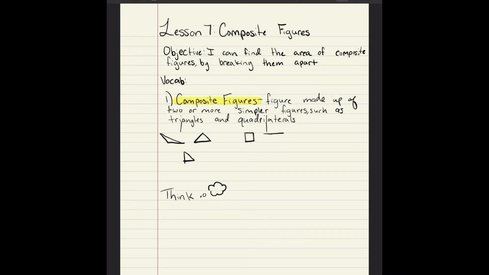And then a quadrilateral is anything with four sides. So we have square, rectangle, parallelogram, and even a trapezoid would be considered a quadrilateral.